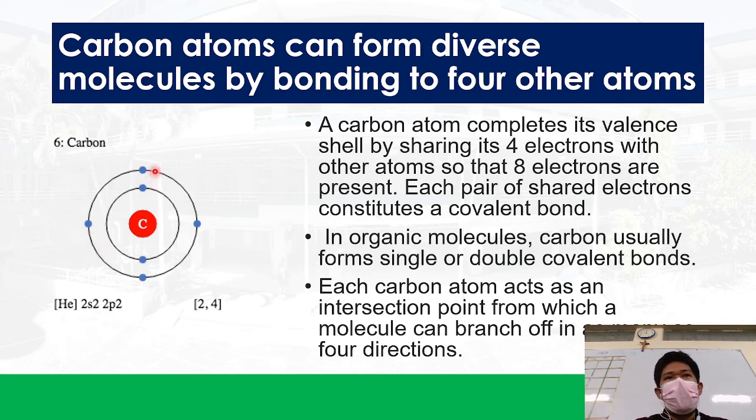This bond is what we call a single bond. If two electrons from a certain atom are bonded to two electrons in the carbon atom, it is a double bond. You will learn more about it in chemistry. I want you to read more about the carbon atom in the next section.